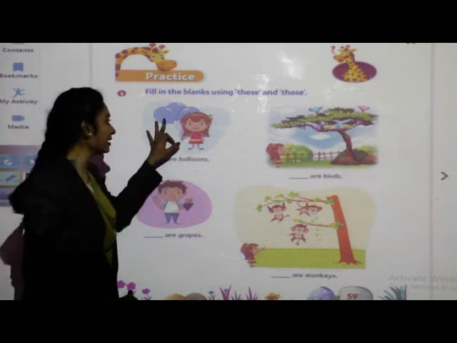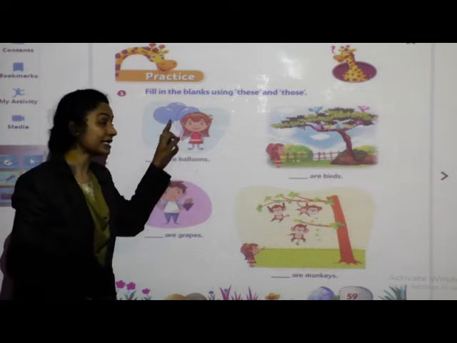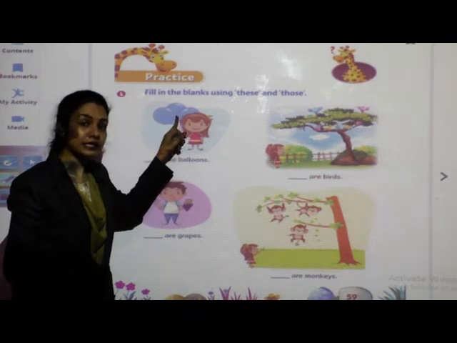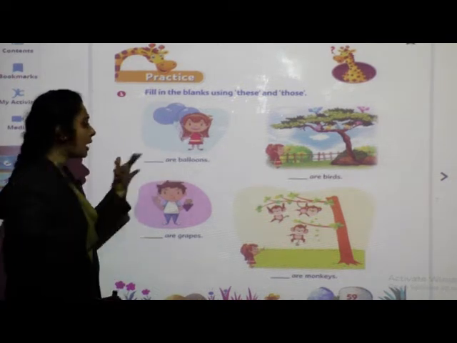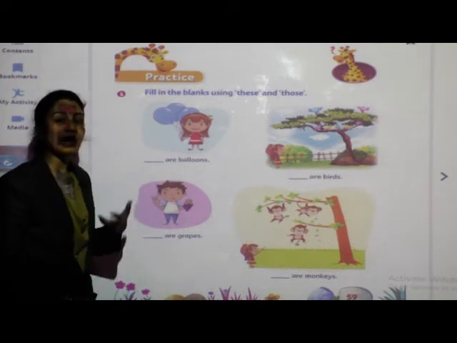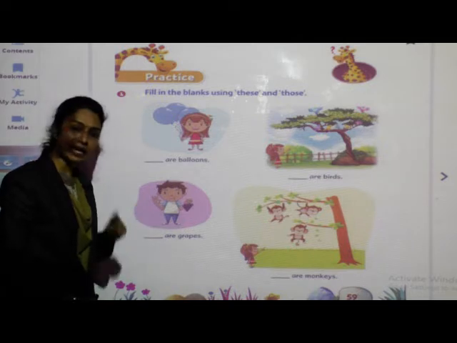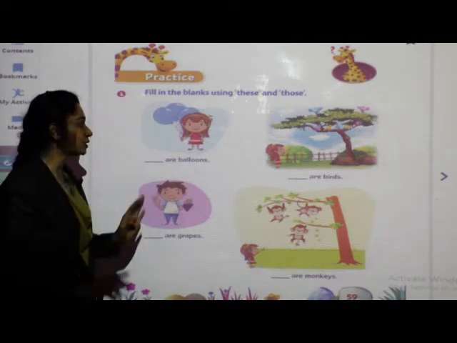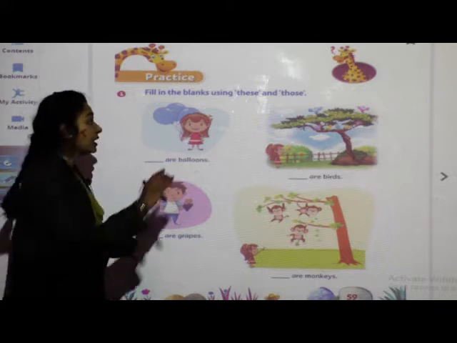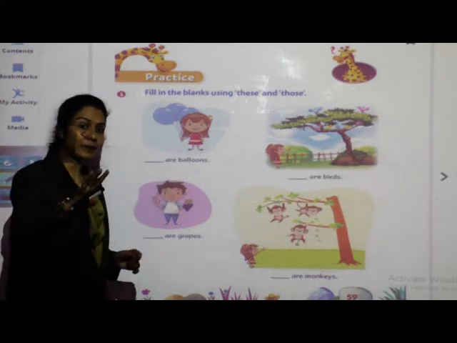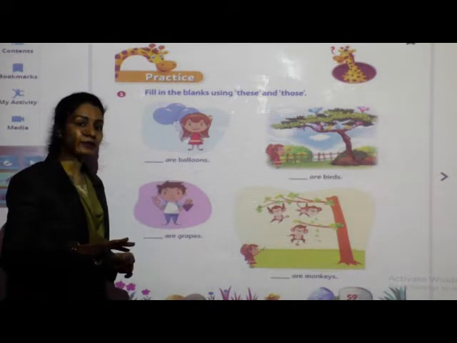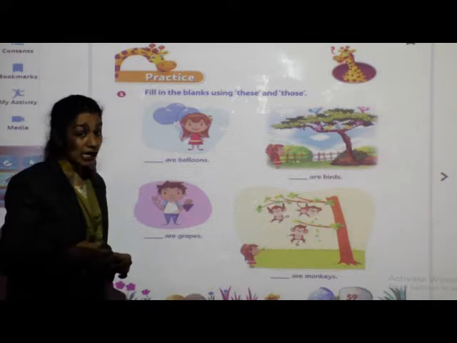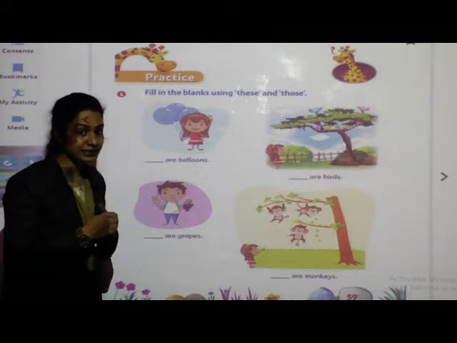Now children, can you see this girl? What is she having in her hand? These are the balloons. So how is she going to describe it? These are balloons, or those are balloons? Are the balloons far from her or near to her? Near. Very nice. When things are near to us, which word should we use?